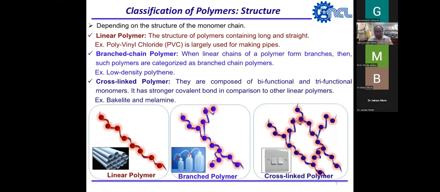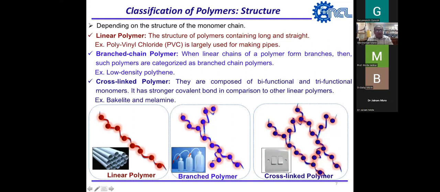Polyvinyl chloride, largely used for making pipes, is a typical example of linear polymers, and so are the wash bottles, particularly what we use in our chemistry laboratory and at other colleges as well. In a branched polymer, linear chains of the polymer form branches. A typical example is low density polyethylene, or you can say wash bottles.